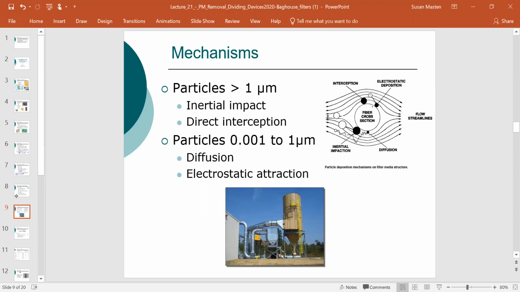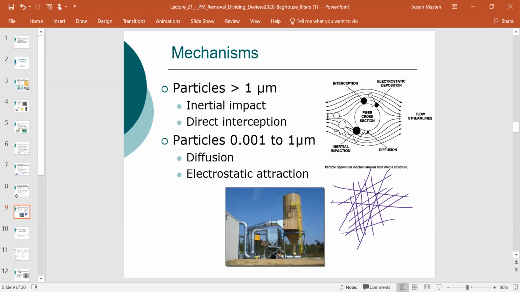These particles are too large to actually remain with the flow path. They deviate from the flow path, and essentially they crash into the filter material. And then they talked about sieving. These are the really, really large particles. If we think of our filter material, it's a woven material like this.